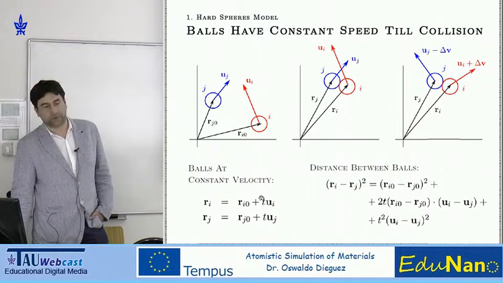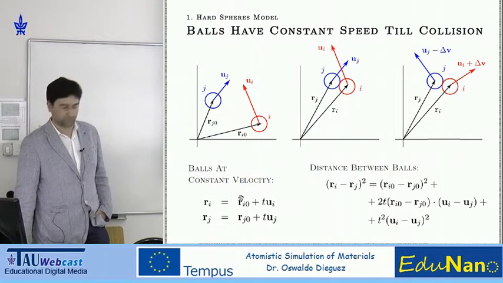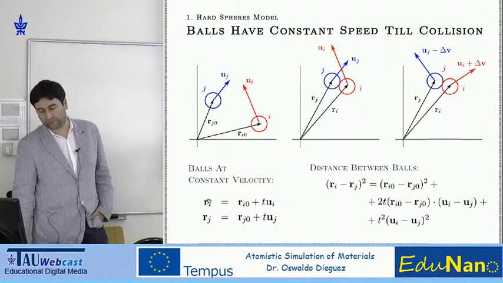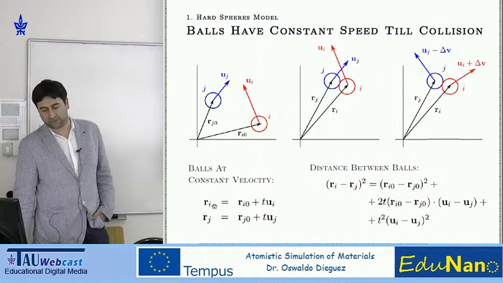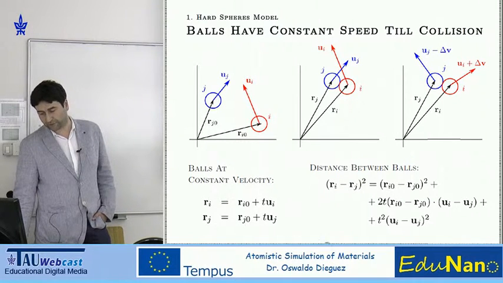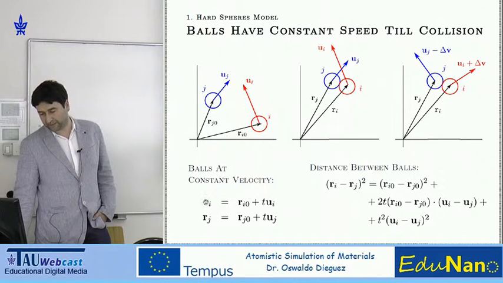So we can always track the distance between them because we know the positions. If you take the modulus of the vector that is the difference of these two, this is the distance between them, and it will be a function of time. In this step, the only thing I did is plug these two things in and expand it.